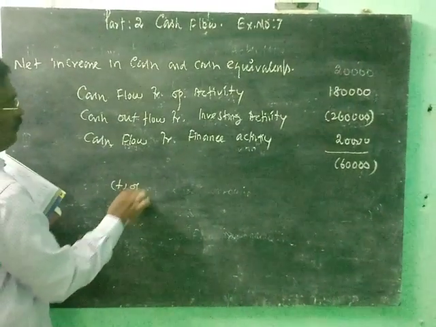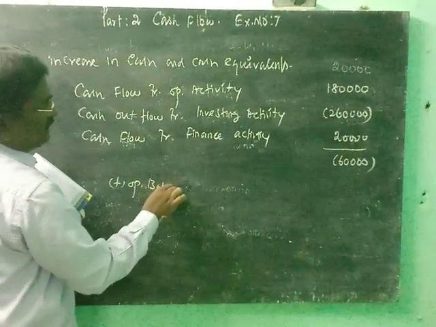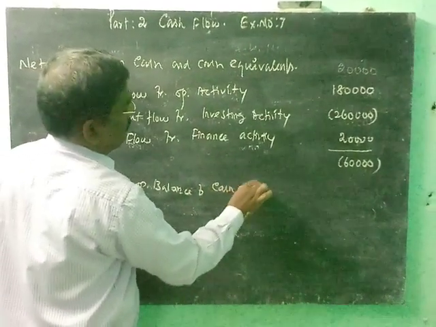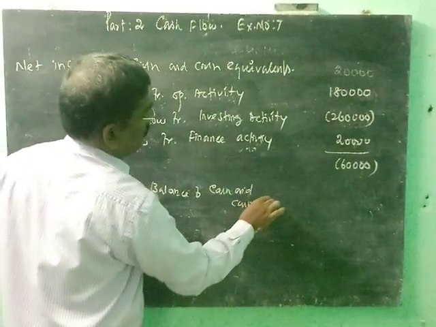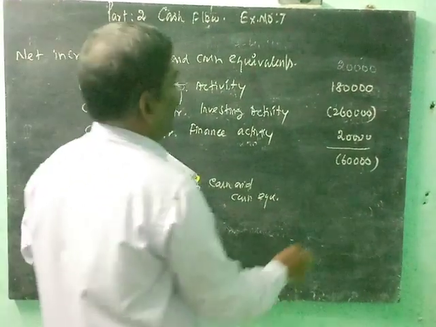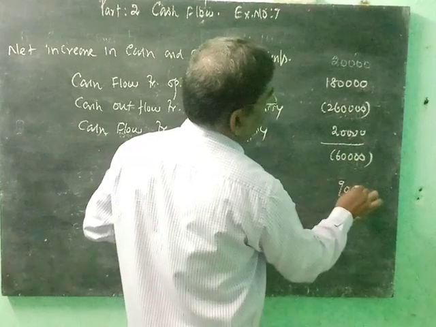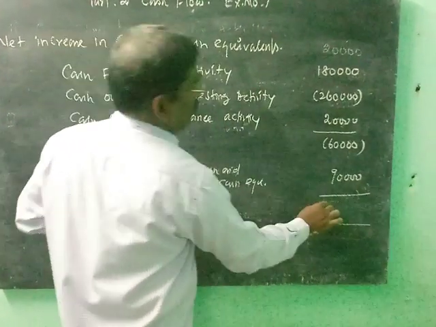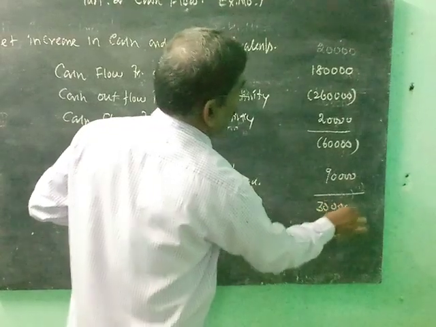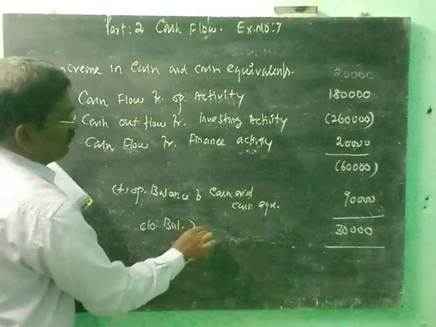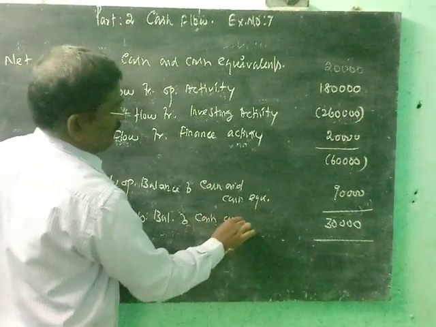Plus opening balance of cash and cash equivalent, which in this problem is 90,000. This is positive, this is negative. So the remaining balance is 30,000. That is the closing balance of cash and cash equivalent.